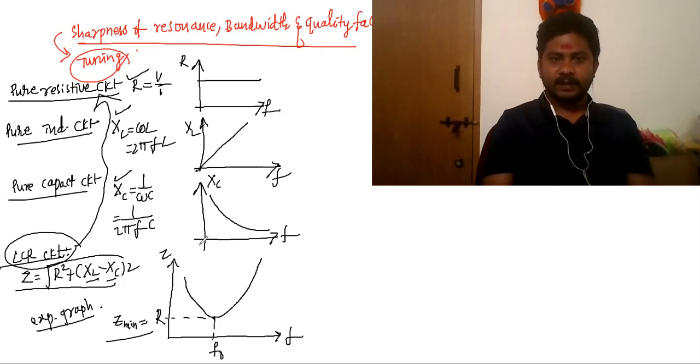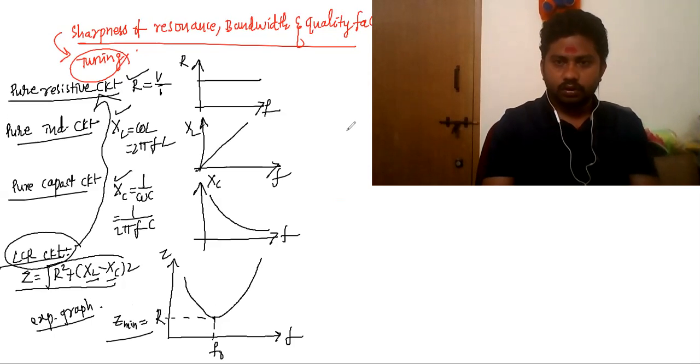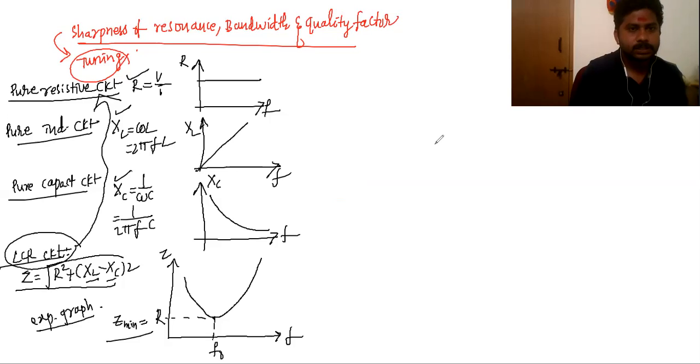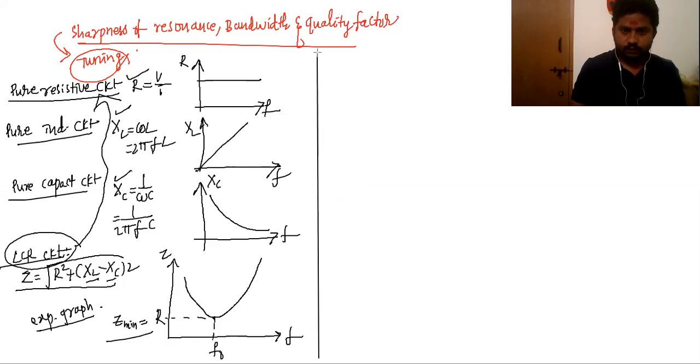Okay. Now we know this already. When Z is more, impedance is more, so the current will be less.